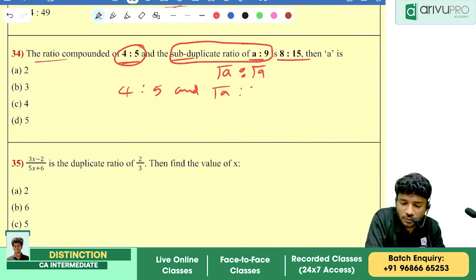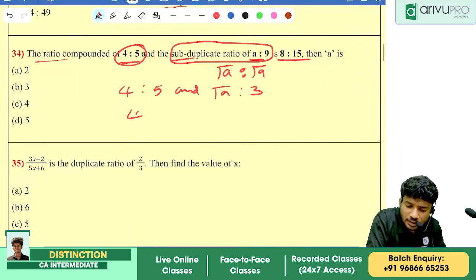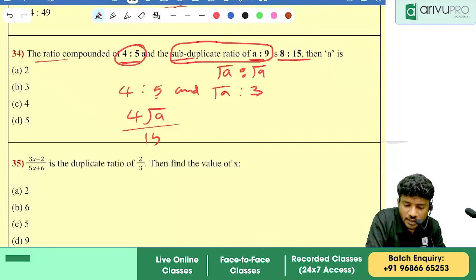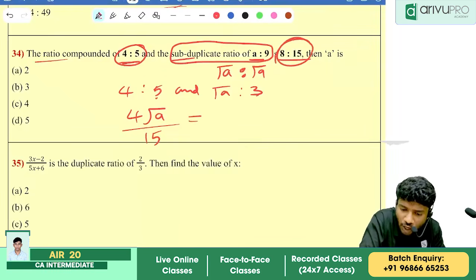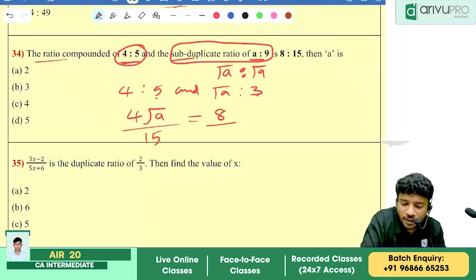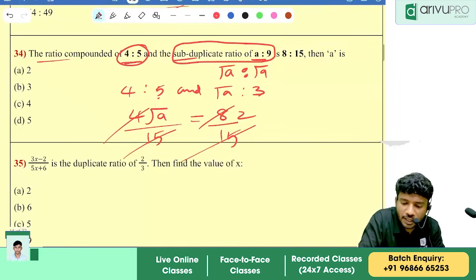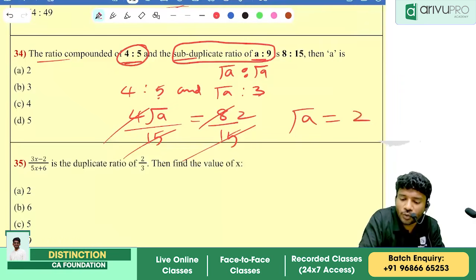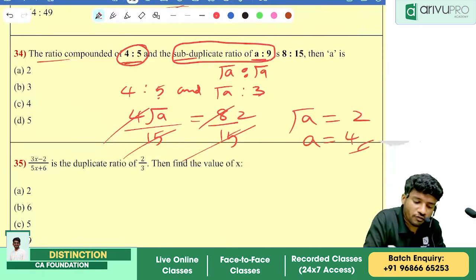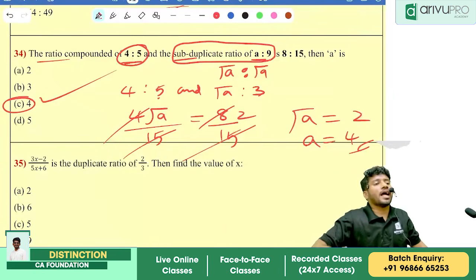Root 9 is nothing but what? 3. Can I write it as 4 root A divided by 5 into 3, which is how much? 15, is equal to how much as per the question? 8 by 15. Cancel, cancel, cancel, cancel. What is remaining? Root A is equal to 2. Then A is equal to how much? 4. Option C is the answer.